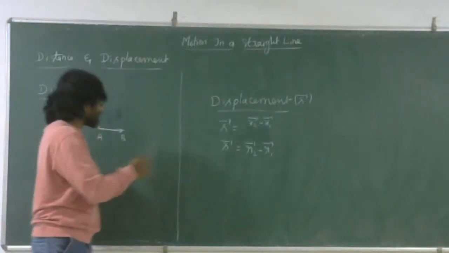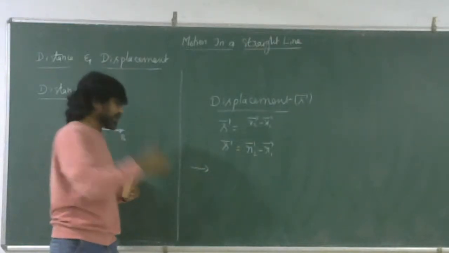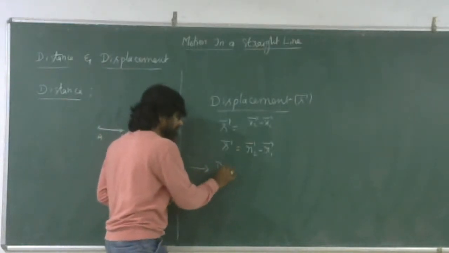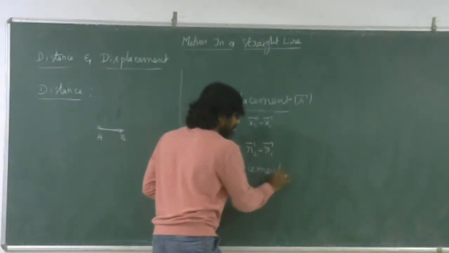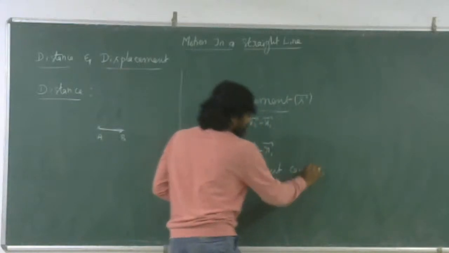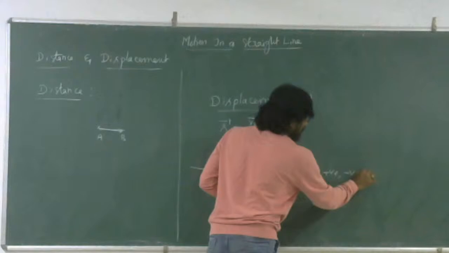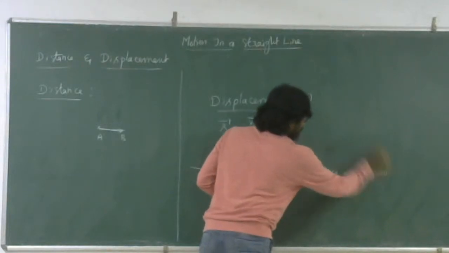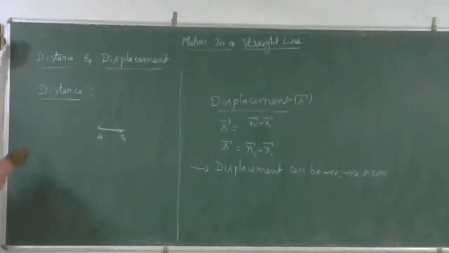Whereas displacement can be positive, negative or zero also. Displacement can be positive, negative or zero also.